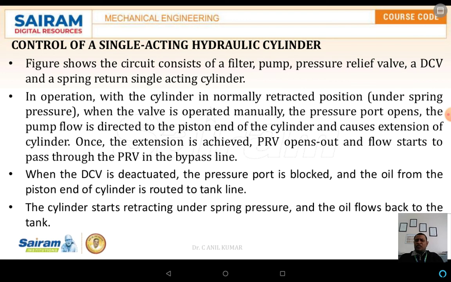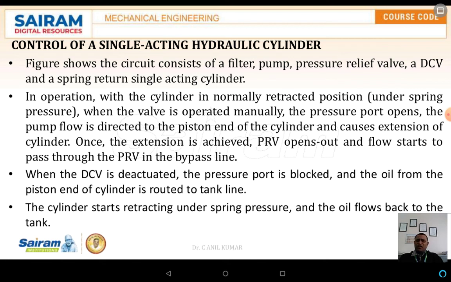As the figure shows, the circuit consists of the filter. Before the filter, a tank will be there, and the pump, the pressure relief valve, the direction control valve, and the spring return single acting cylinder. In operation, the cylinder is normally in the retracted position under the spring pressure.